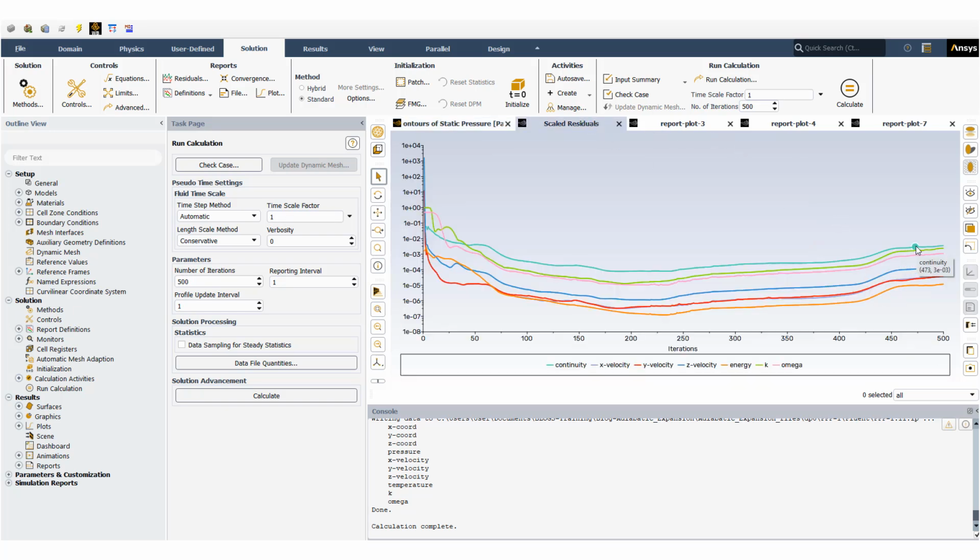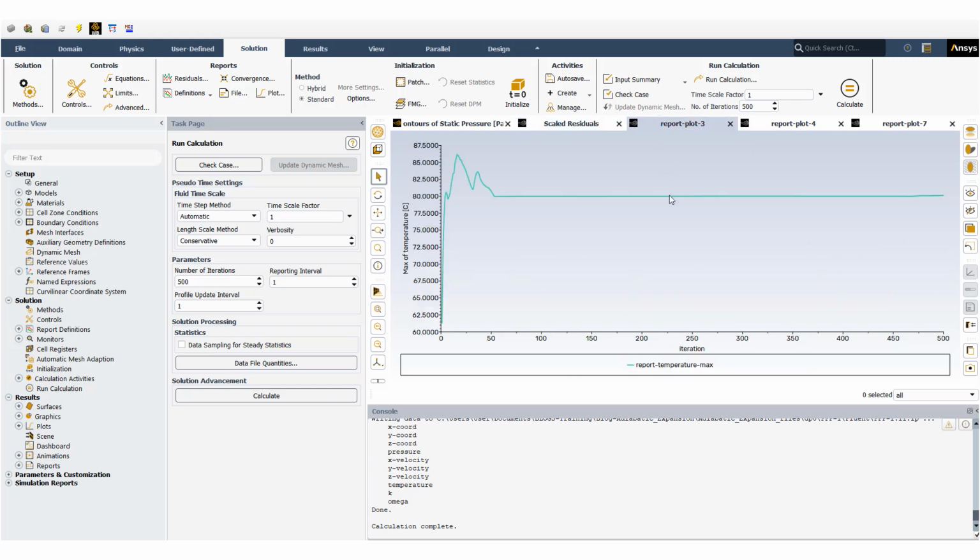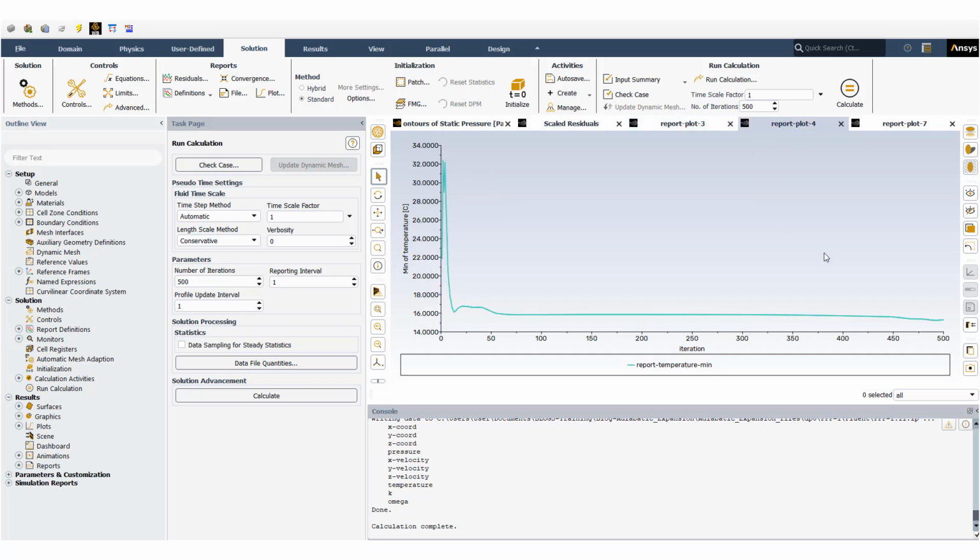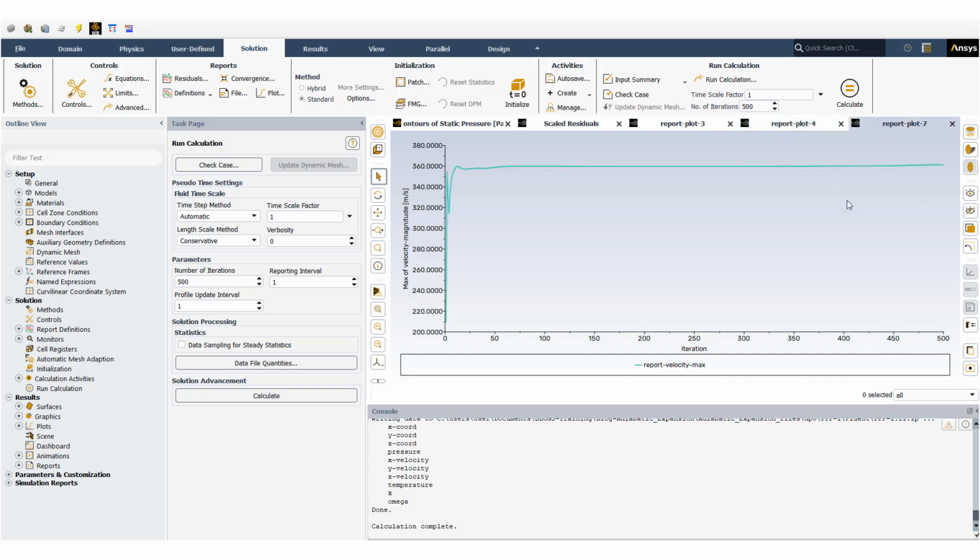The residuals are at order of -3, -5, -4. Max temperature is almost 80, the initial temperature. Mean temperature is around 15 degrees Celsius, and max velocity is about 360 meters per second.